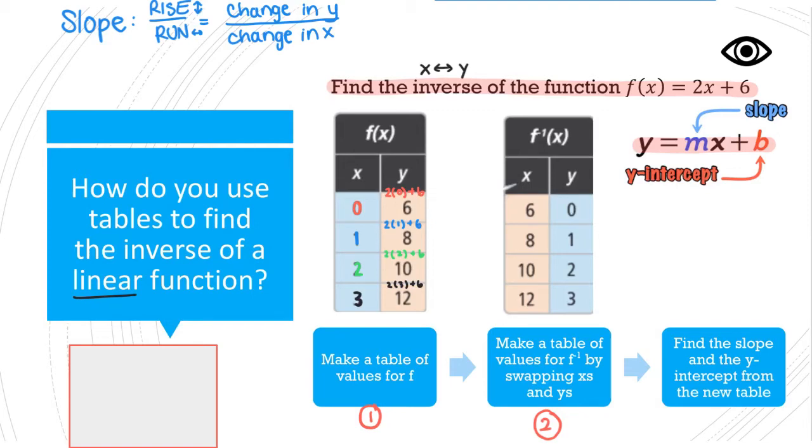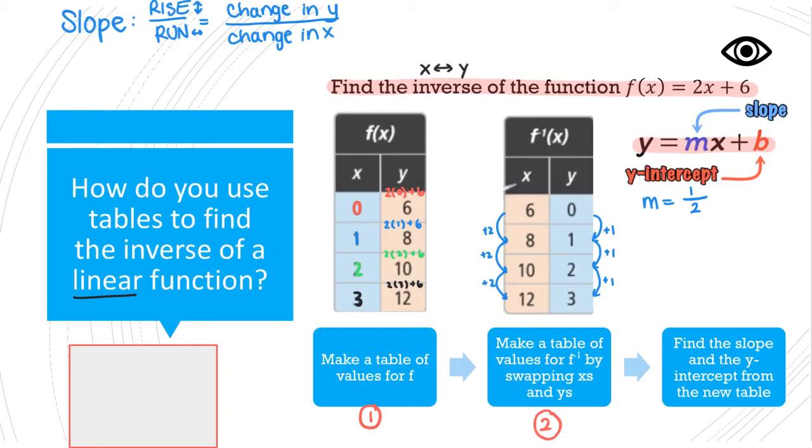So we find that by looking at our table, and we are going to see what is happening to our y's. So it looks here like my y's are going up by 1, and then what is happening to my x's? It looks like my x's are going up by 2. So my slope in this instance would be my rise, or my 1, over my run, which is 2.